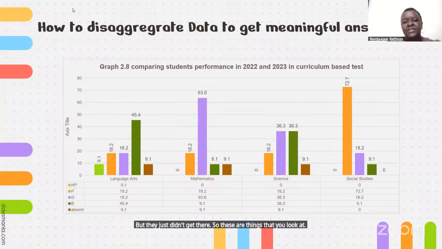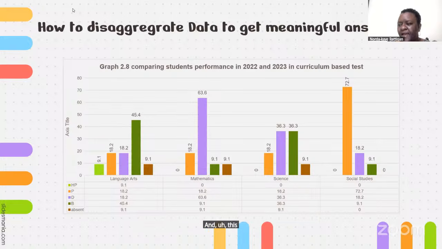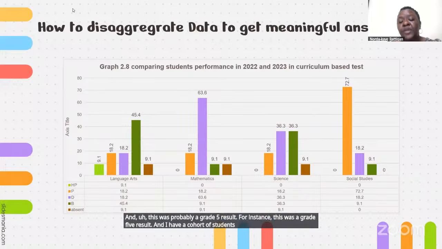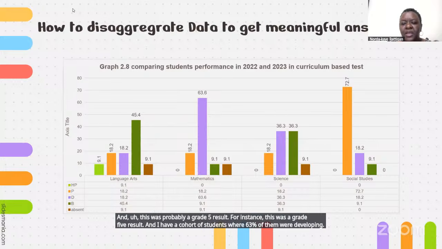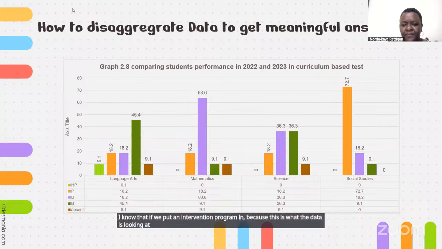So if this wasn't at the grade 6 classroom, and this was probably a grade 5 result, for instance, this was a grade 5 result, and I have a cohort of students where 63% of them were developing. I know that if we put an intervention program in, because this is what the data is telling us, it's screaming that they're almost there.